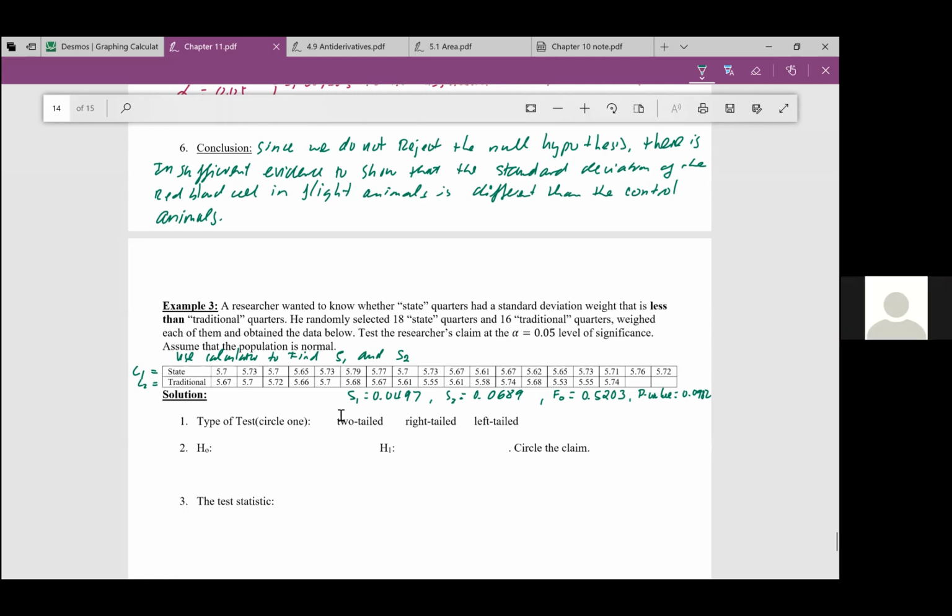Does that make sense? Because the number you gave me is for sigma. Sigma is for the population. This is the two-sample case. It's only 18 samples. So we have to use S, not sigma.